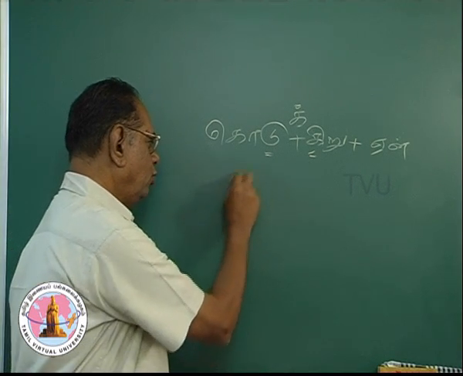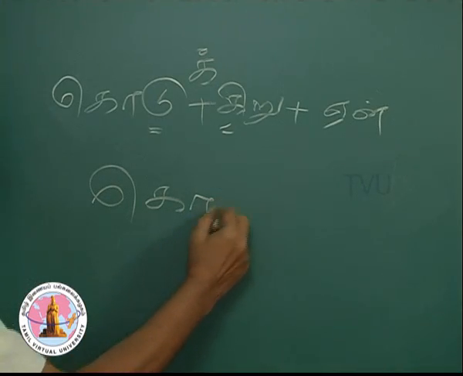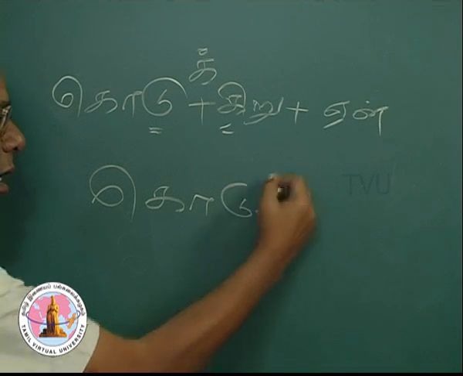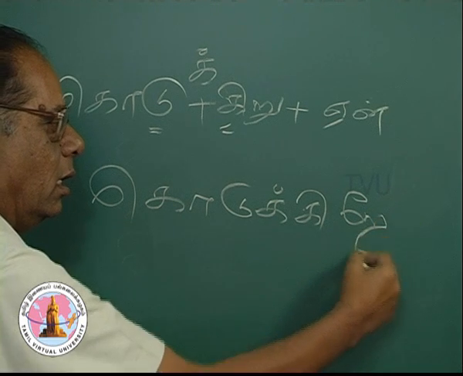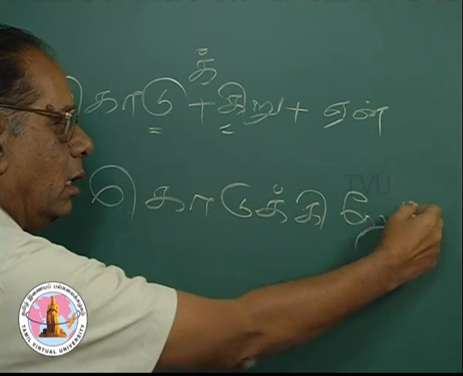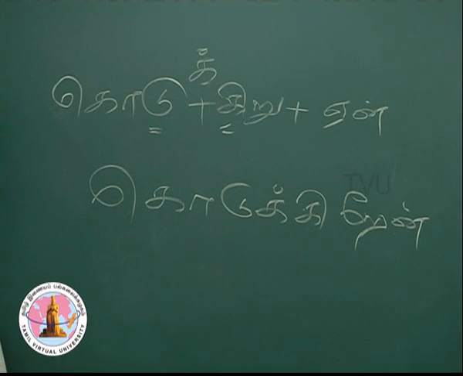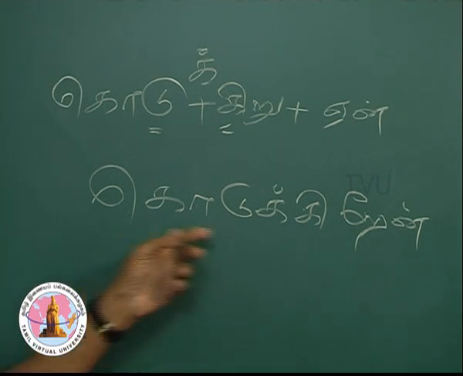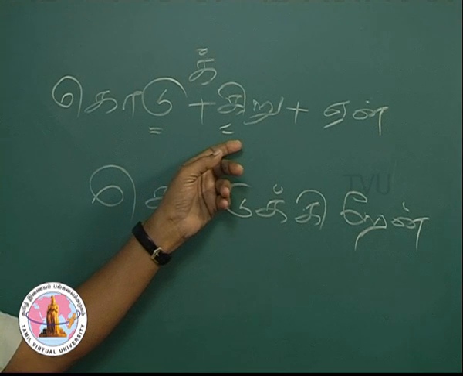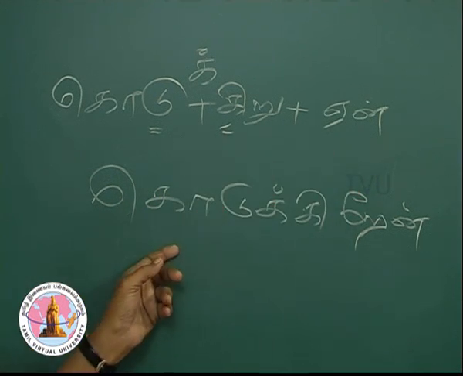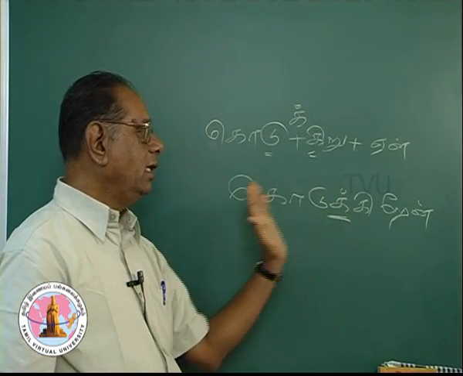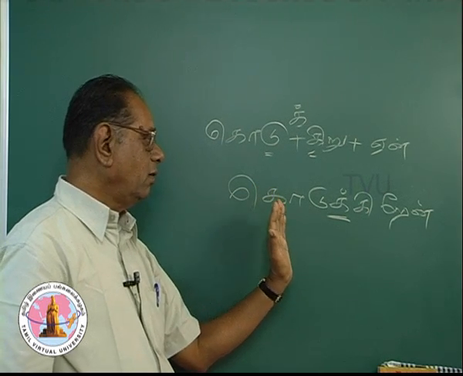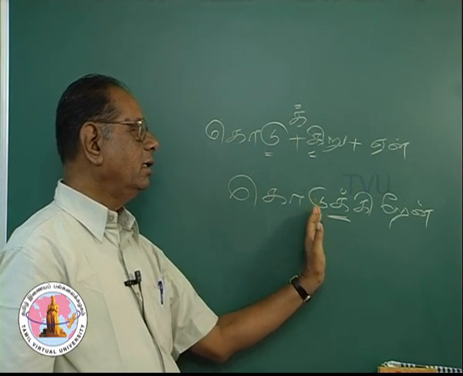The result would be kodukirain. Kodu plus kiru plus yen becomes kodukirain. Here we have introduced another sound in between the verb and the tense marker.